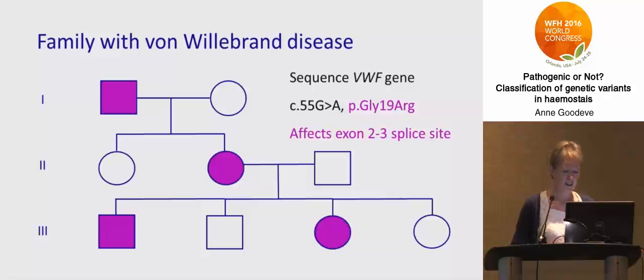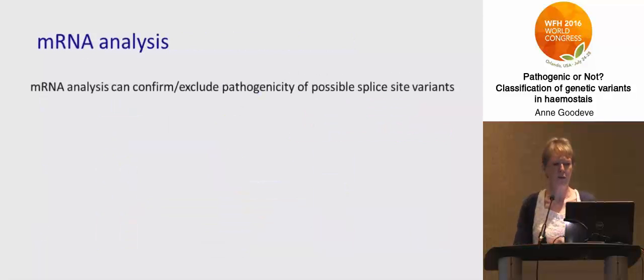So it's not actually acting through being a missense mutation at all. So this is one that's partially penetrant. In this family, all the individuals with the change are affected, but in other families, not always. So this variant in the homozygous form causes type 3 von Willebrand disease, but it's a partially penetrant type 1 mutation in the heterozygous form.